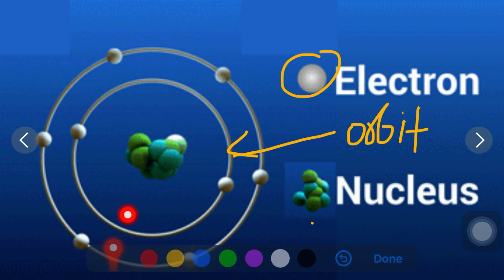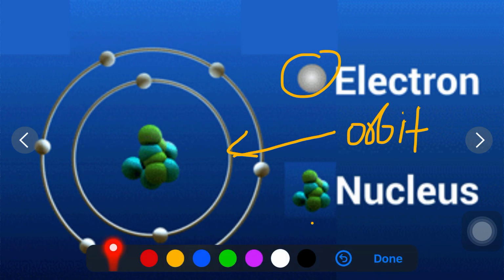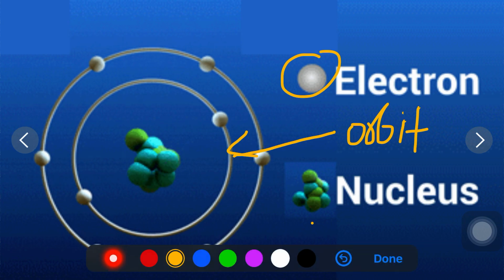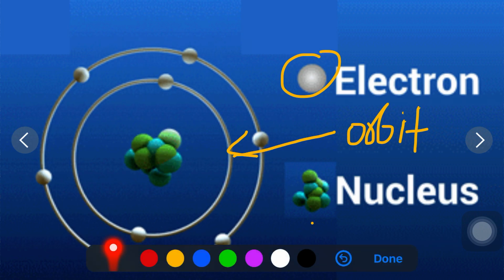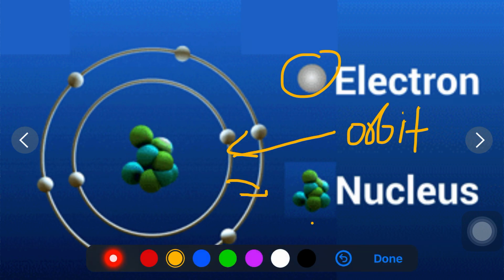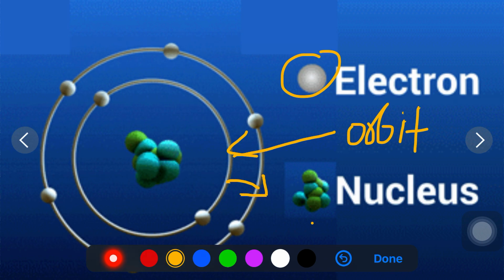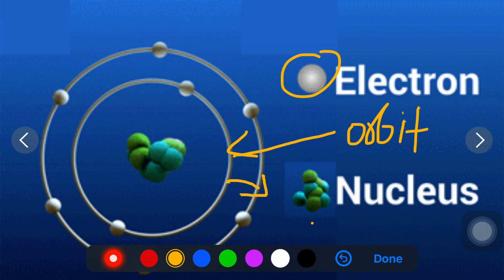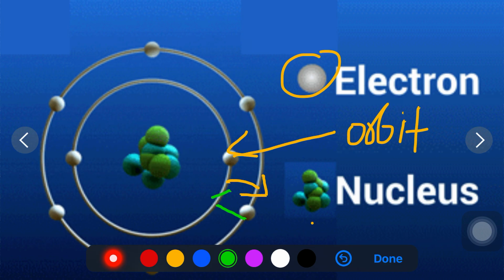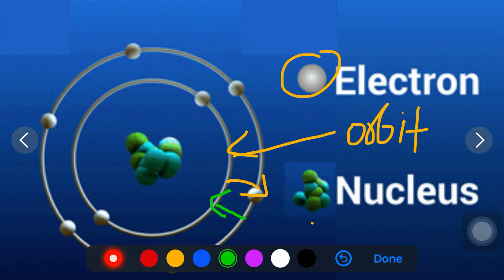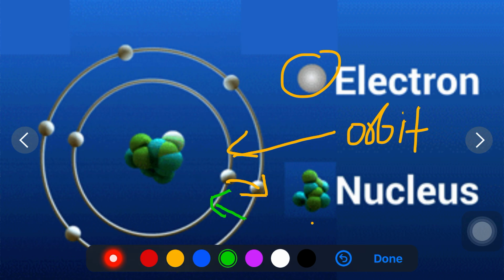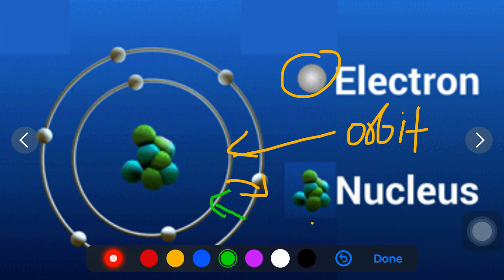Now when this electron jumps from the inner orbit to the outer orbit, it will absorb energy. And when the electron jumps from the outer orbit to the inner orbit, it will emit energy which is equal to the difference in its energy levels.